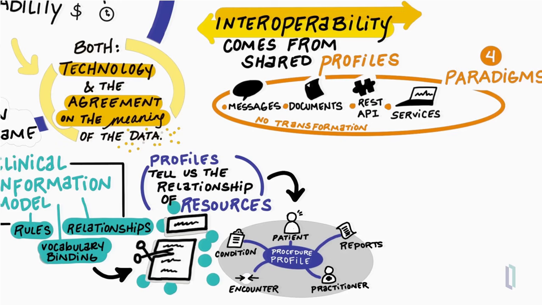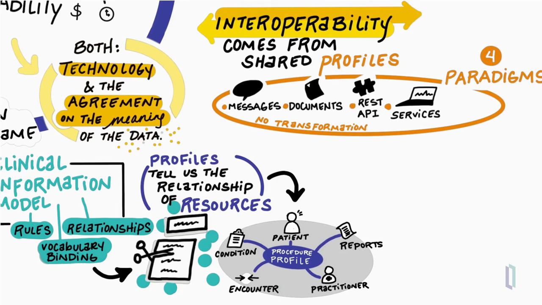So the profile for the FHIR procedure resource would contain in it the details of what procedure that is, and we can't see that from this 20,000-foot view. And the procedure is performed on a patient, the FHIR patient resource. The procedure is performed because of a certain condition, the FHIR condition resource, and the procedure is usually performed within an encounter, the FHIR encounter resource, and it is performed by a practitioner, so the FHIR practitioner resource.